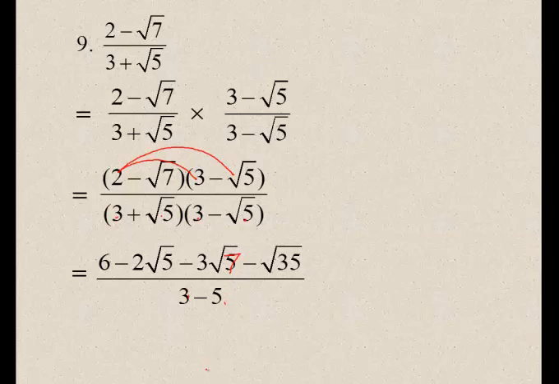And if you look at this example, guys, there's nothing much I can do with this one here except to go ahead and say 3 minus 5 is equal to minus 2.